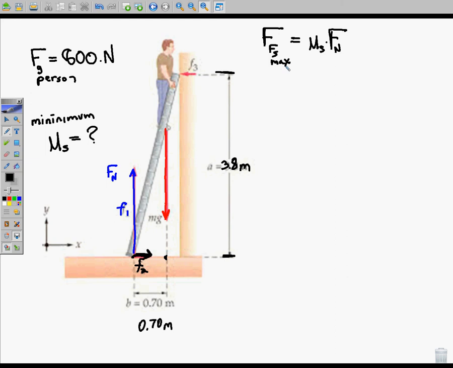So we're going to need this force, F2, and this force, F1. If we know F1 and F2, then we can put them in that equation and get mu.